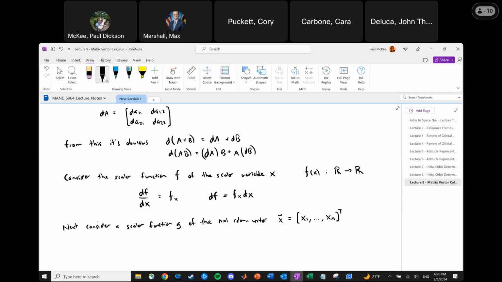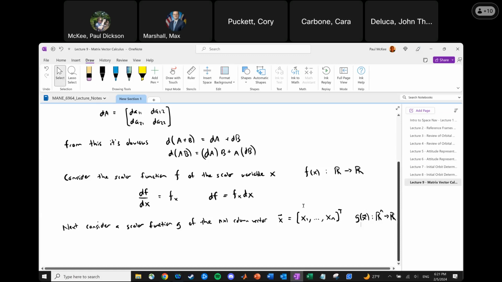Because it's a column vector. So we would say that g of x maps from n-dimensional space onto one-dimensional space, because you're taking n inputs and you only get one single output, right? So g of x with a little vector over it is some function which maps from n-dimensional space onto one-dimensional space. Okay, so we could say that the output g is g of x1 and all the other terms up to xn.